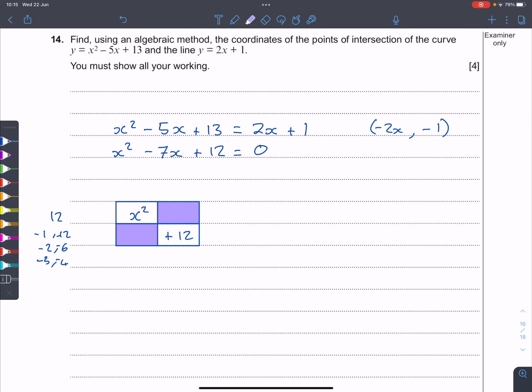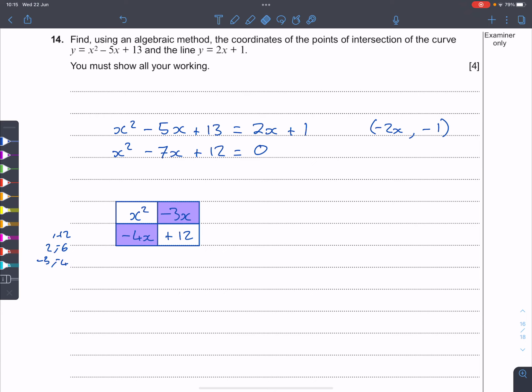That pair is negative 3 and negative 4. So I can fill those in: negative 3x, negative 4x. It doesn't matter which way round they are, because they will still add up to negative 7x.